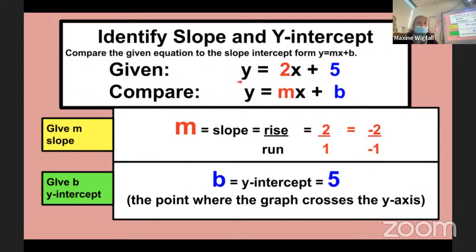The given equation is y equals 2x plus 5. 2 is the coefficient of the x term, also known as the slope. The letter that they use to represent the slope all the time in this form is m. M is the number before the x, the coefficient of the x term. B is the constant term, which will be all by itself.